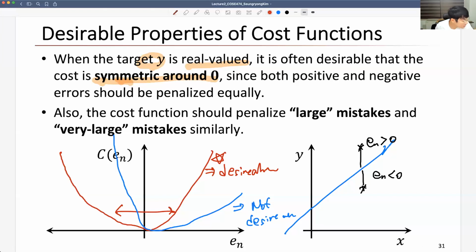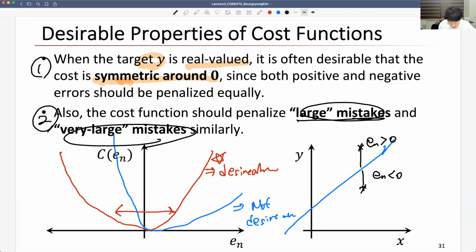The second desirable property is that the cost function should penalize a large mistake and a very large mistake similarly. So what does it mean? Let's say there are several samples here, and a few more samples are here. What we want to do is find the mapping function that will approximate the major distribution of the training data set.